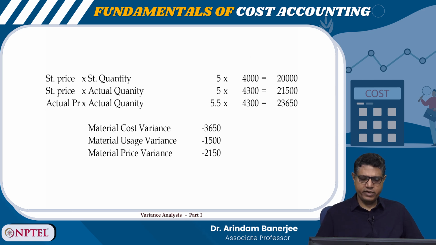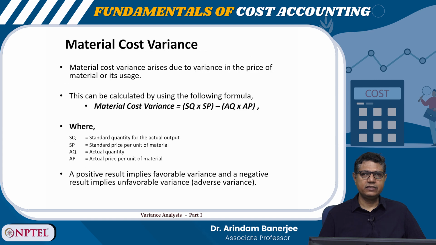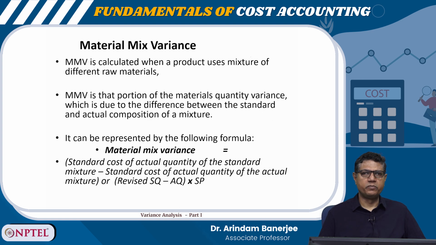So, what is the formula for material cost variance? It is standard quantity into standard price minus actual quantity into actual price.